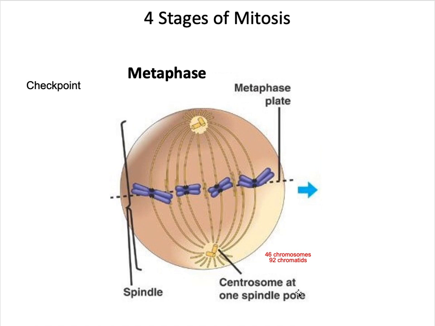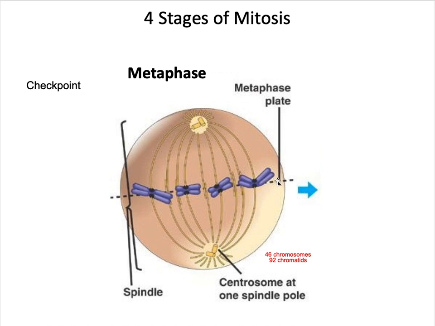The next phase is called metaphase. This is when the microtubules are guiding the chromosomes to the center, the middle, or the equator of the cell. When it does that, that's called the metaphase plate.